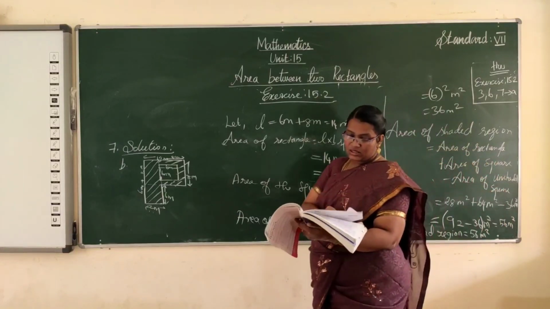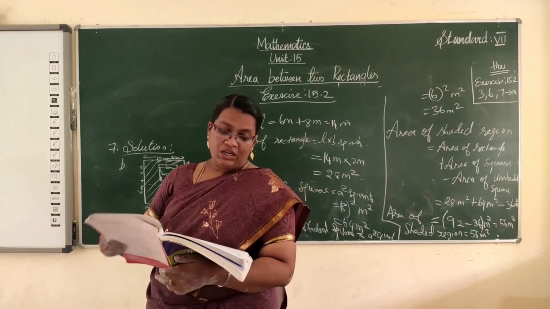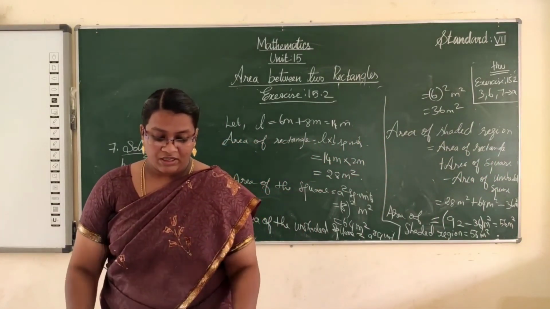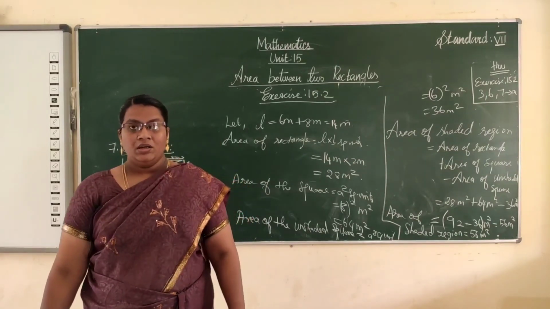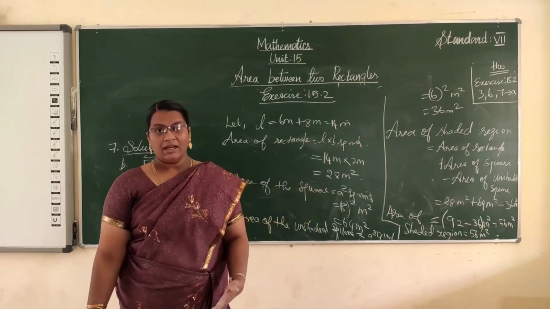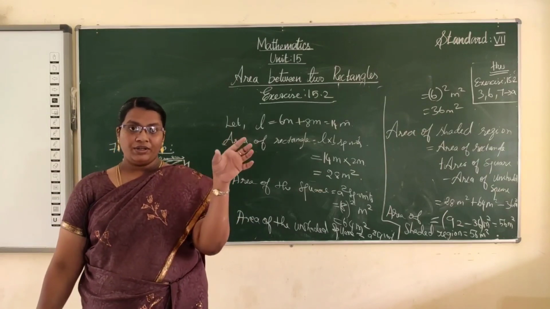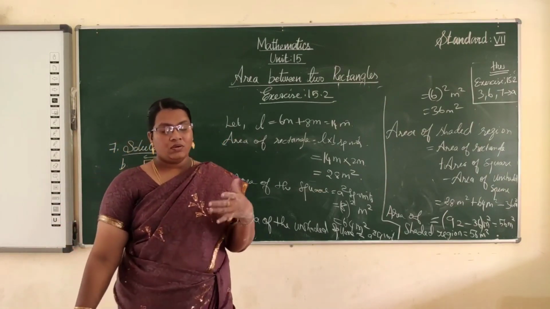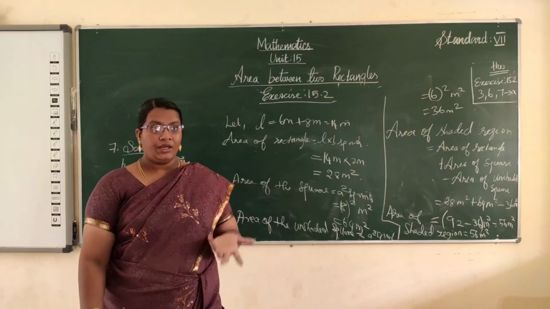Okay, that's it. So what we learned today, we have learned about the area between two rectangles. The first case, how to find out the path. What is the formula to find out the area of the path?